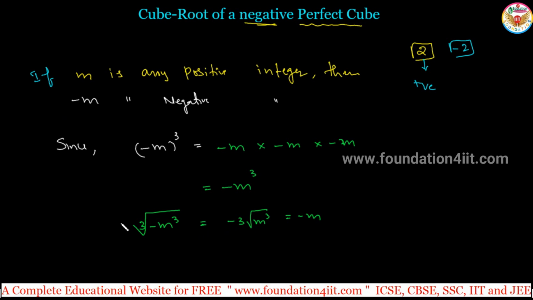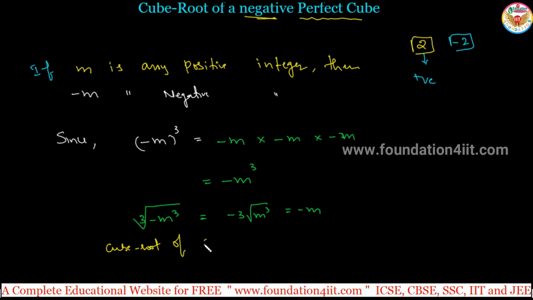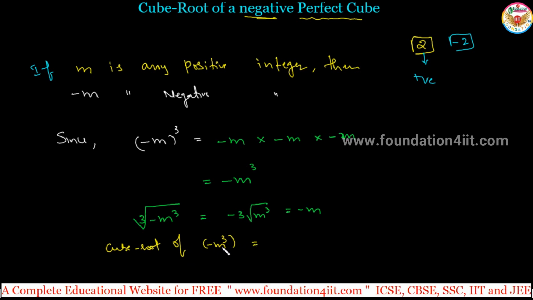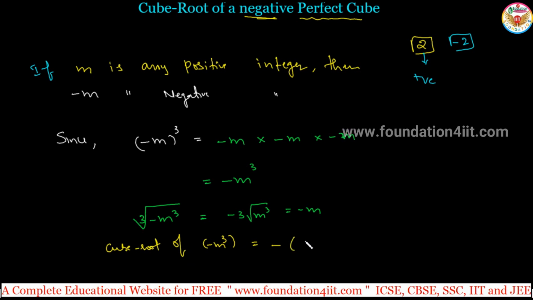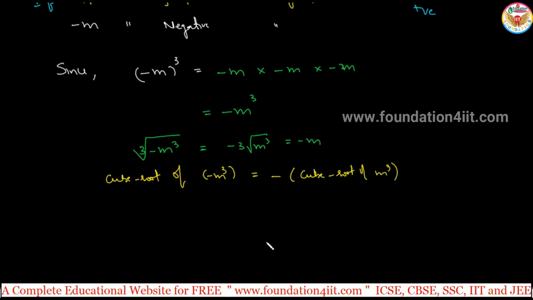Now we can make the statement in this way: to find the cube root of a negative number, it equals minus the cube root of the positive number. You can take the minus before that number. That's the only difference. Let us see examples.